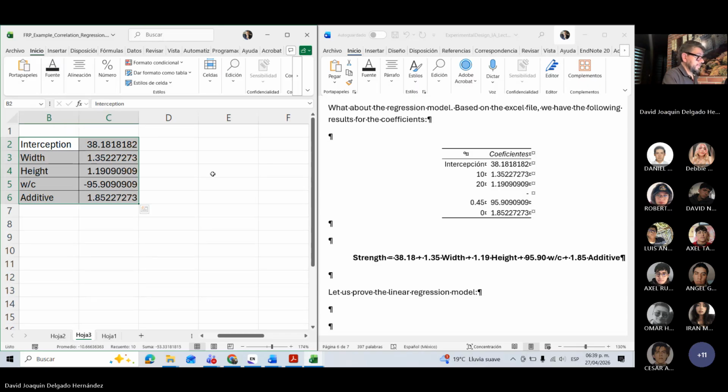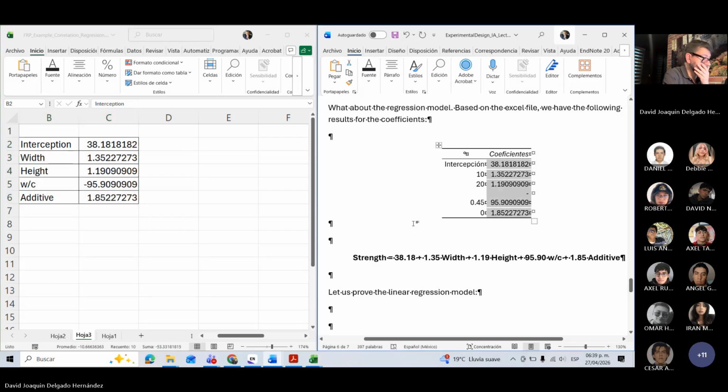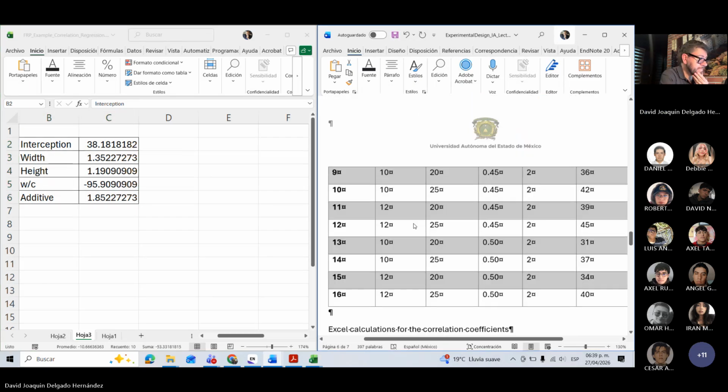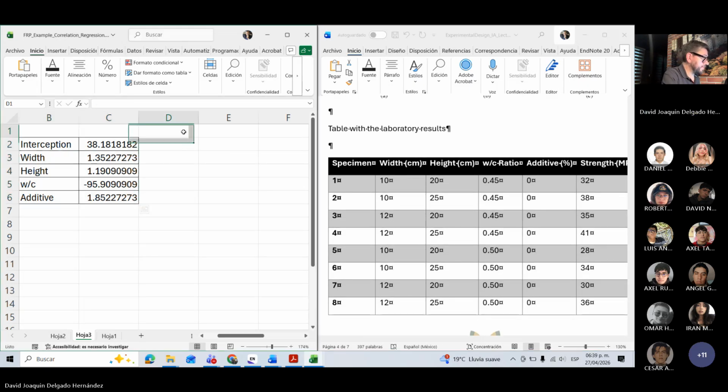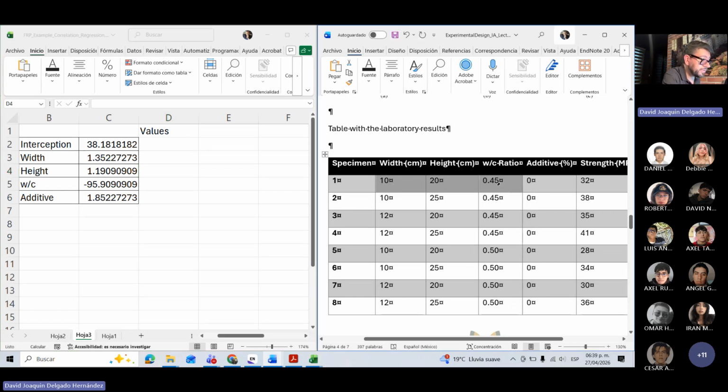Okay. So look. If I have values in my first specimen, okay, I have a width of 10. Look, this is the first, okay, this is the first. I am going to put these values, and I'm expecting to have this result.